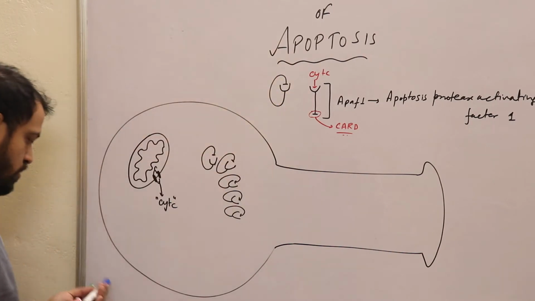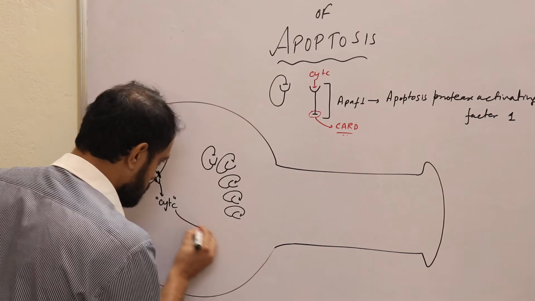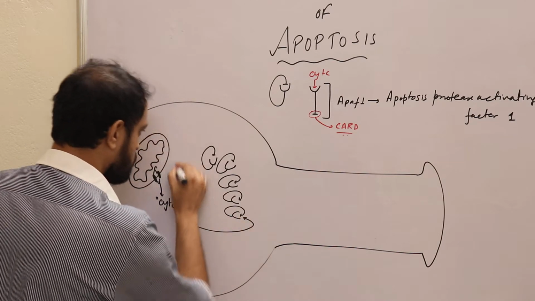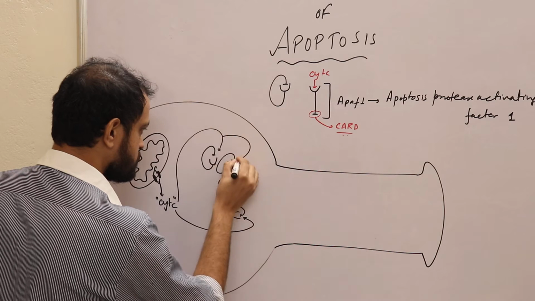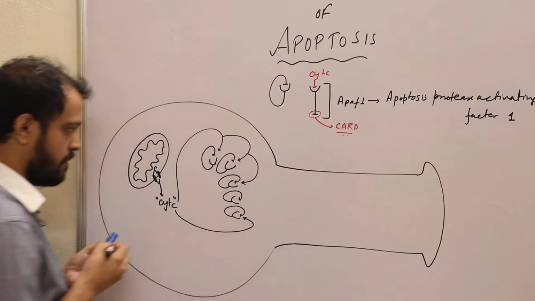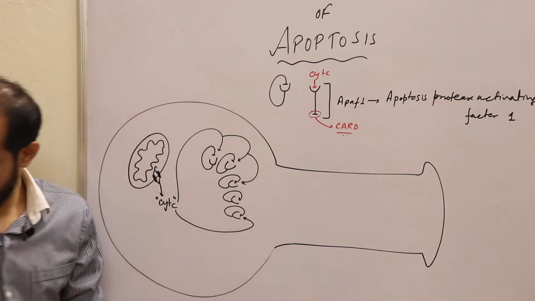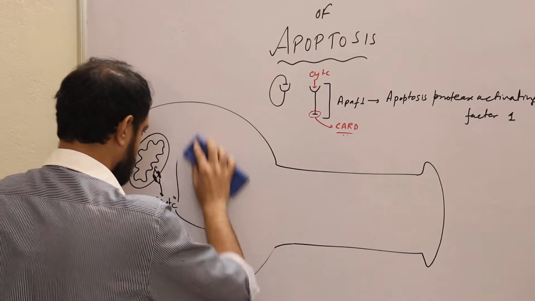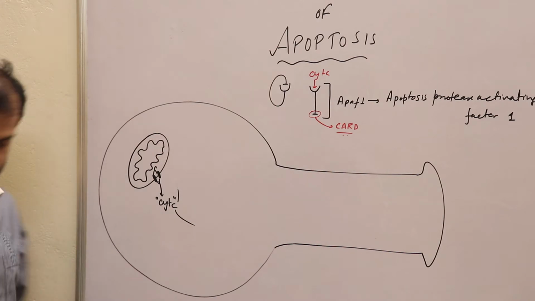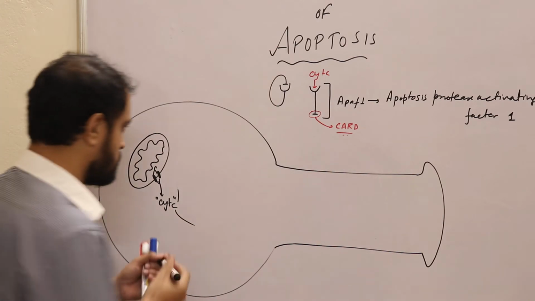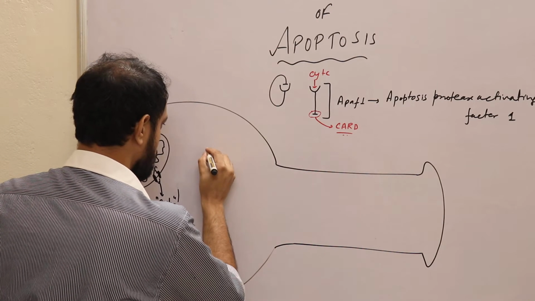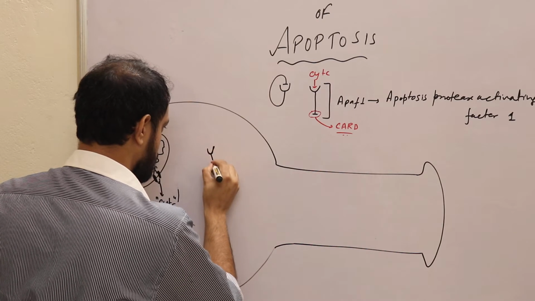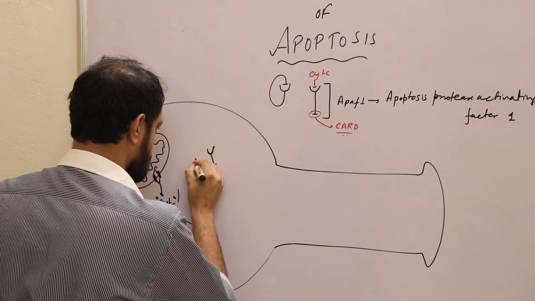Now listen, whenever cytochrome C is released, then what will happen is, 7 APAF1. Remember always 7 APAF1.